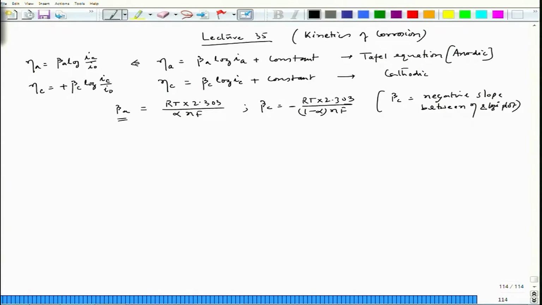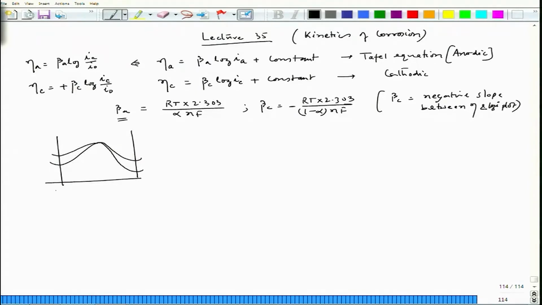Now, these two equations we have derived from the basic Butler-Volmer equation. We have two forms of Butler-Volmer equation. One we found from the consideration of atomic jump from one side to another, from the inner Helmholtz plane to the outer Helmholtz plane, and that time we had this particular energy distribution. Initially it was like this, and then we considered that the anodic current density is higher than the cathodic current density.